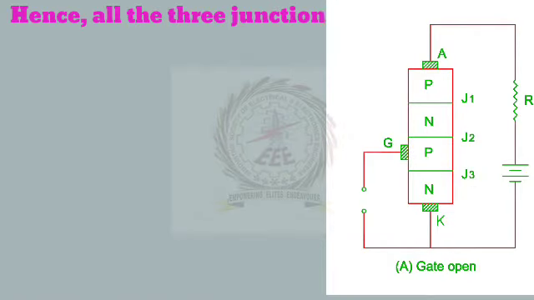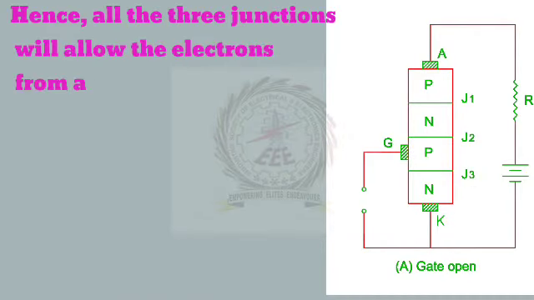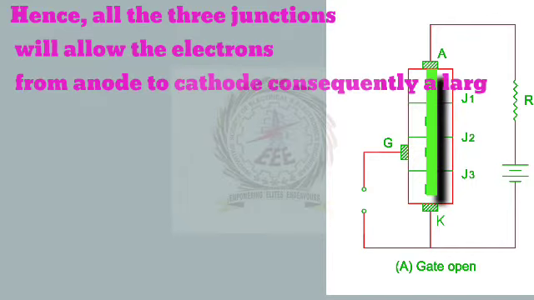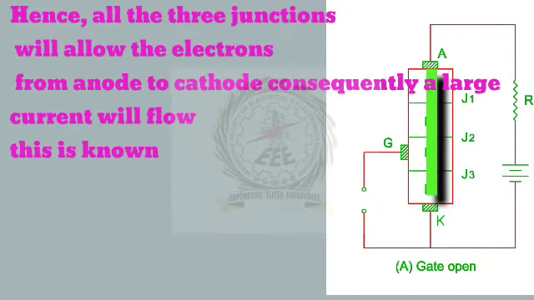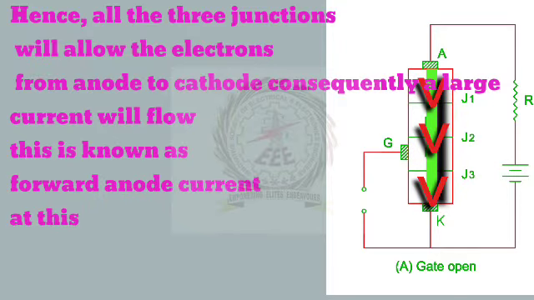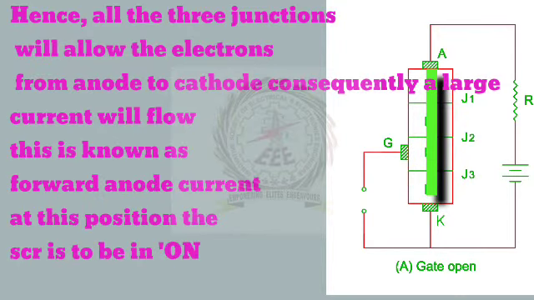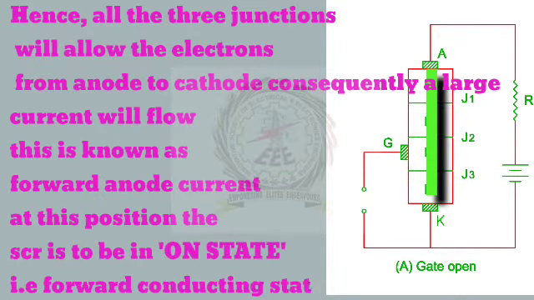Hence, all the 3 junctions will allow the electrons from anode to cathode. Consequently, a large current will flow. This is known as forward anode current. At this position, the SCR is in on state, that is forward conducting state.